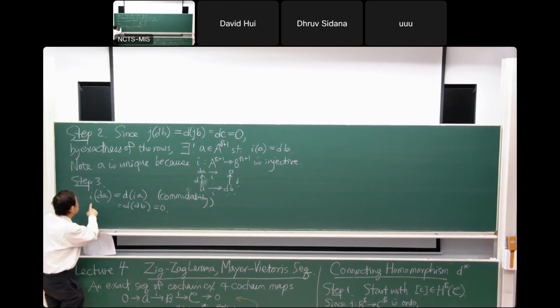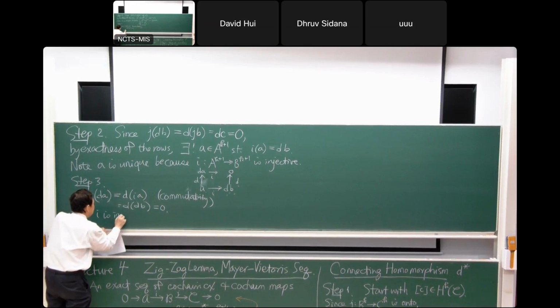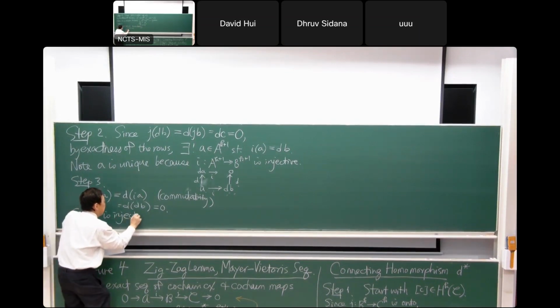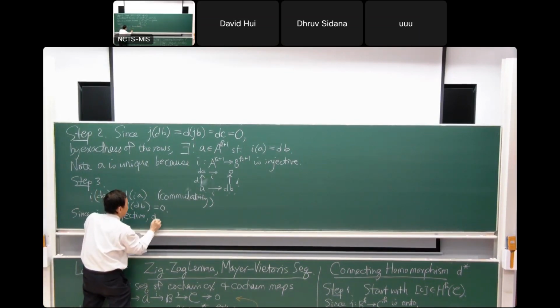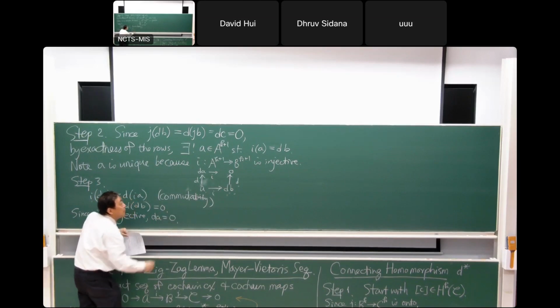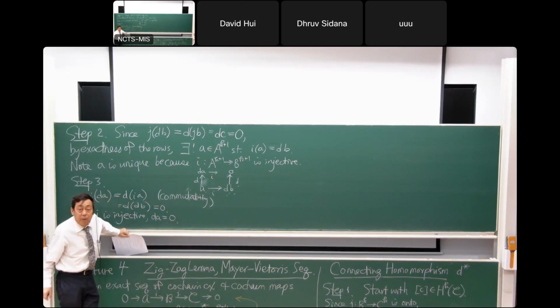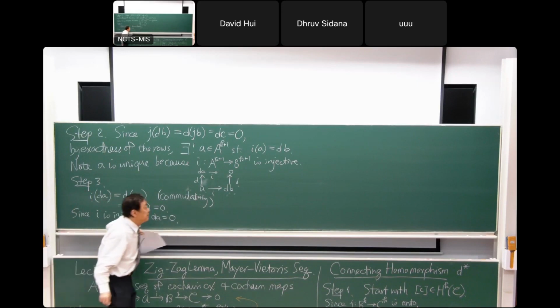And then since I is injective, dA is 0. So therefore, A defines a cohomology class.